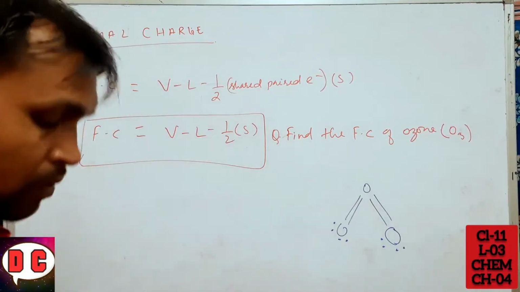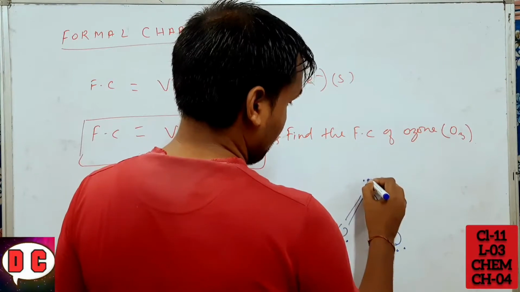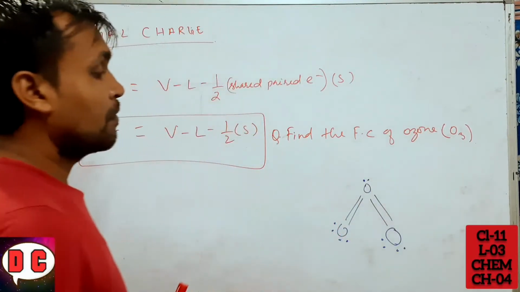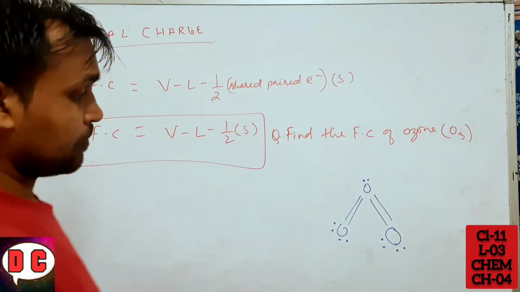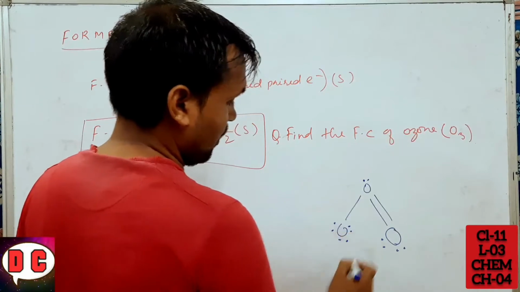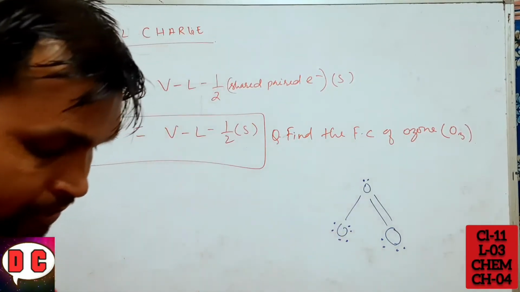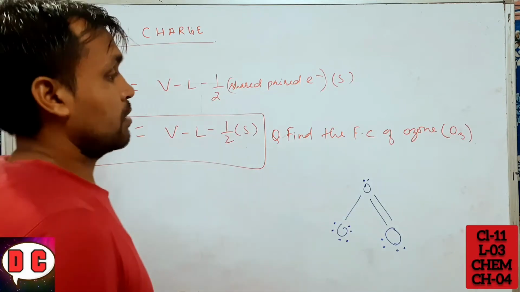Two more will be left here. Now we are asked to draw the Lewis dot structure of this one. So this is the Lewis dot structure of ozone.